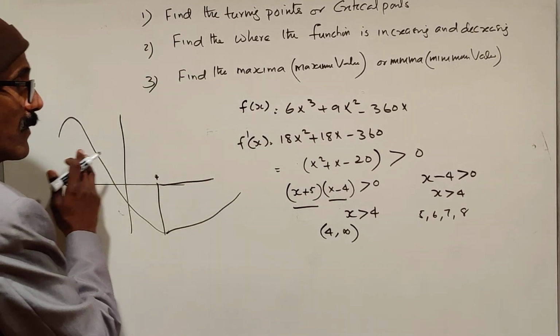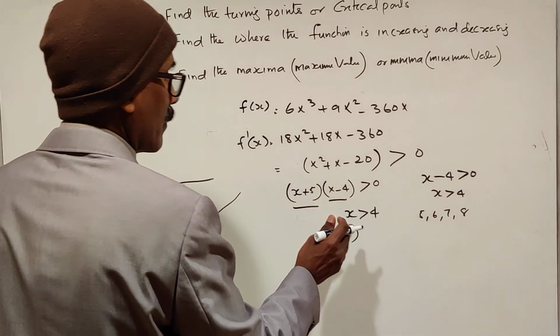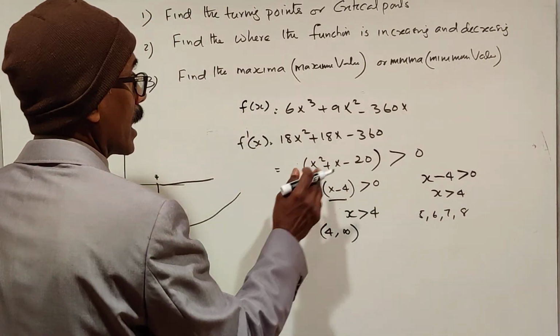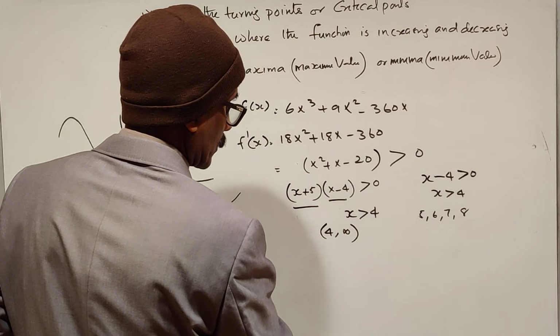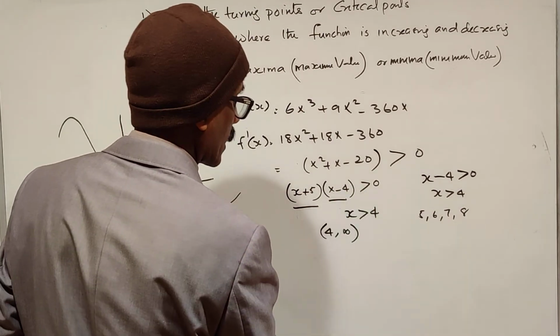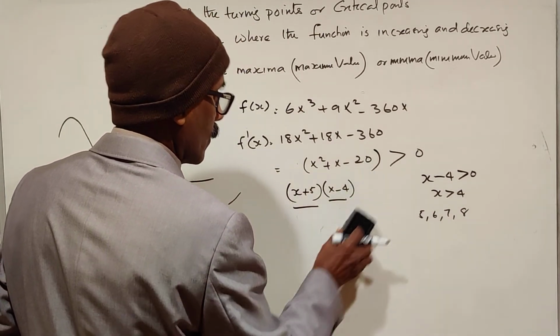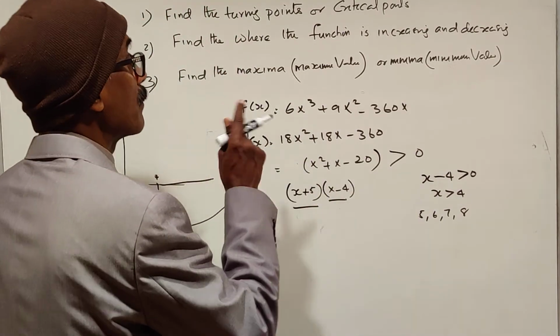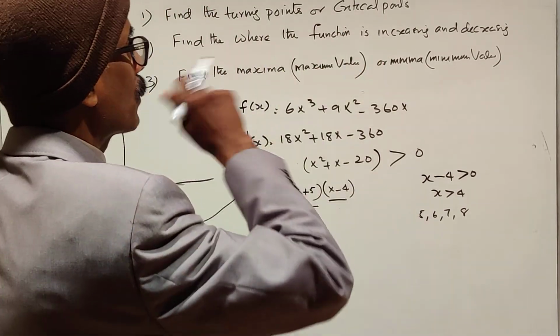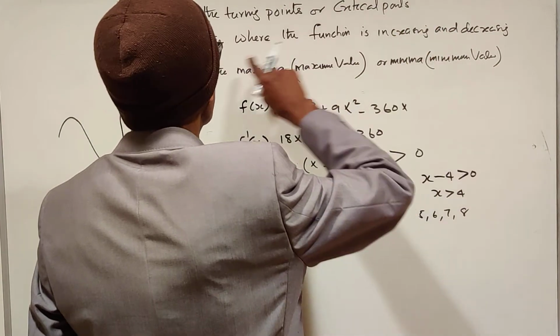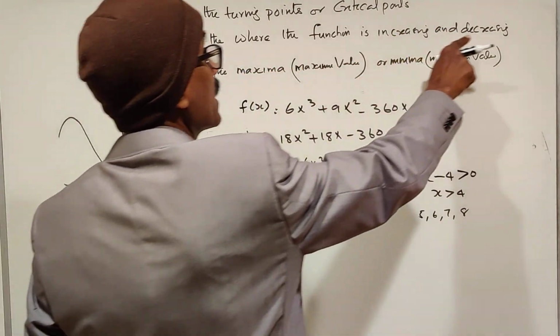We need to write this one more time. I'm going to erase this here. Now, find where the function is decreasing, right?